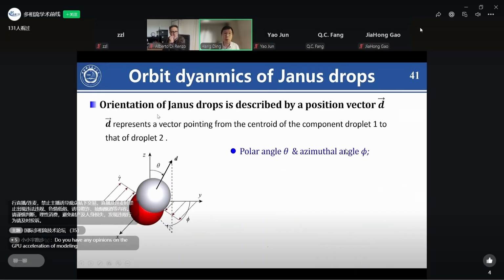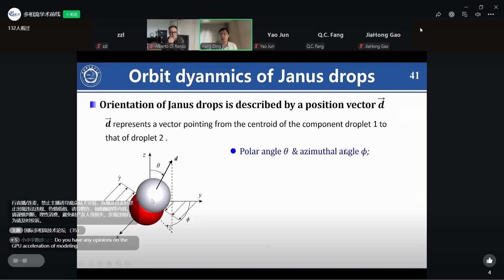The other thing is the orientation of the Janus droplet. Here it is described by a position vector D, as I show here. D represents a vector pointing from the central node of the component droplet 1 to the central node of droplet 2.